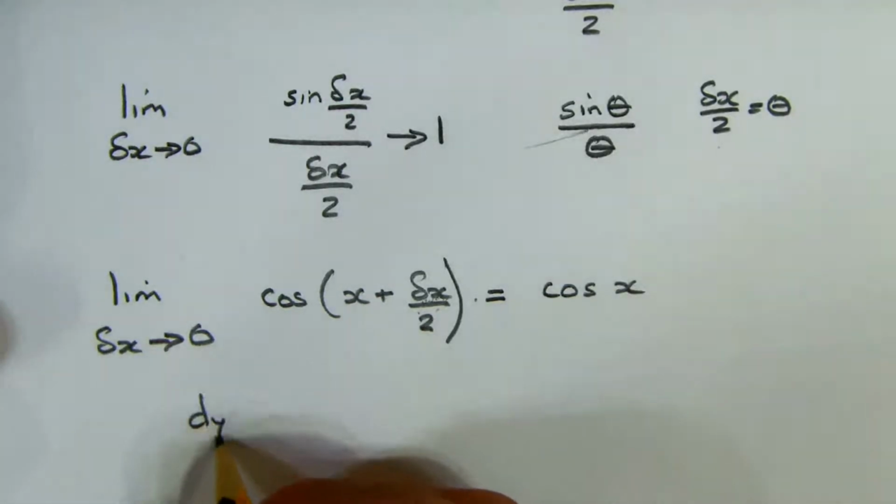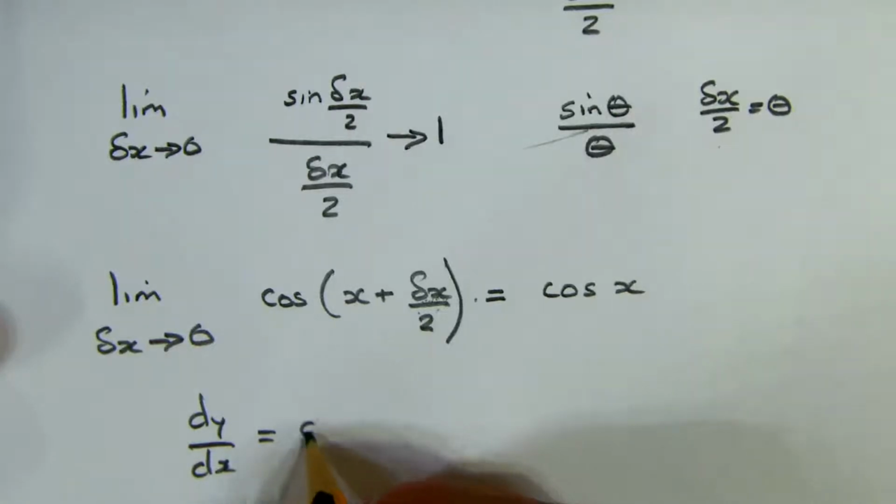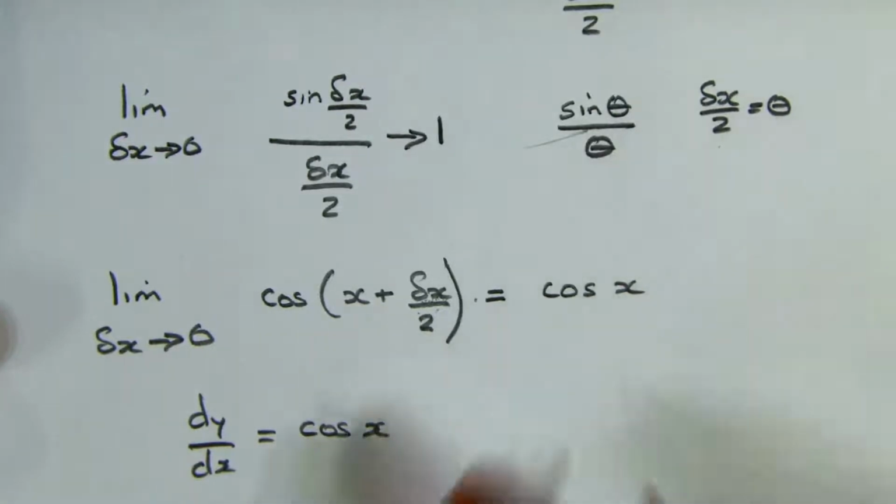So therefore dy by dx of sine is going to be cos x. And there we've proved it. This is the differentiation of sine x by first principles.